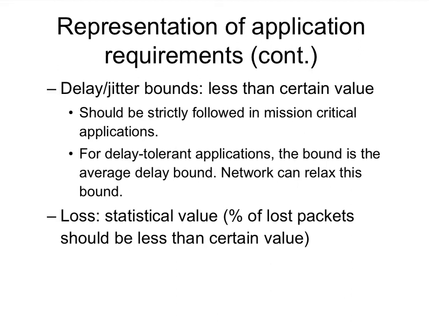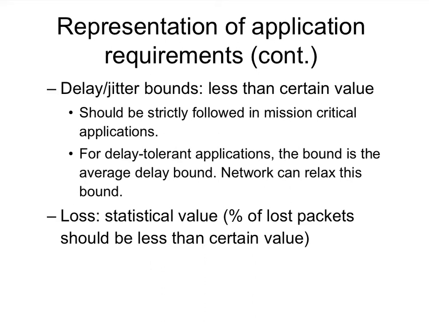If the number of seconds that we maintain higher than 1 packet is more than 10%, then we violate the quality of service. So we need to maintain a statistical bound on the packet drop, not maximum, not minimum, not average. It's a statistical bound. They call it a statistical bound.